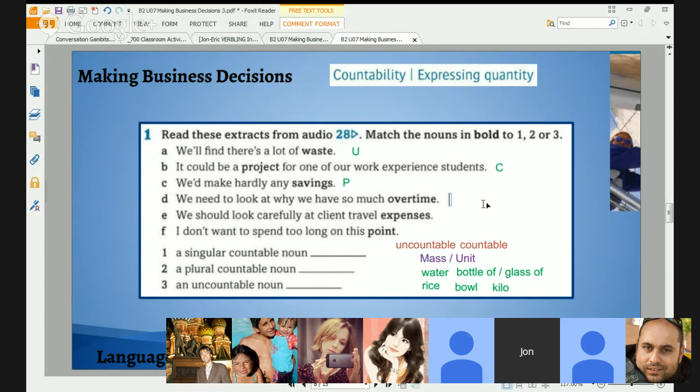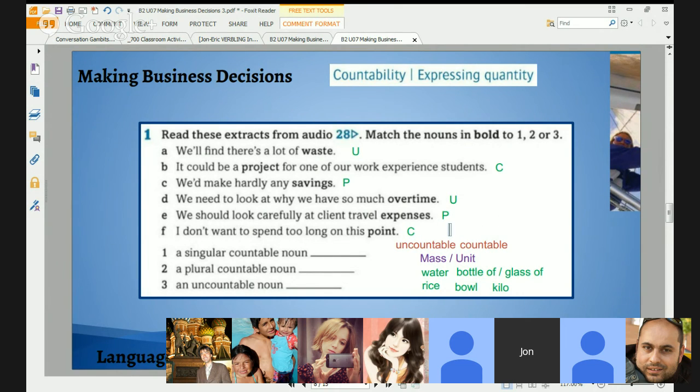Overtime is uncountable, so I'll put a U. Sylvia, E? Expense, plural P. Plural uncountable, right? Yeah. All right. Shadow, what about F? Singular countable. Okay.